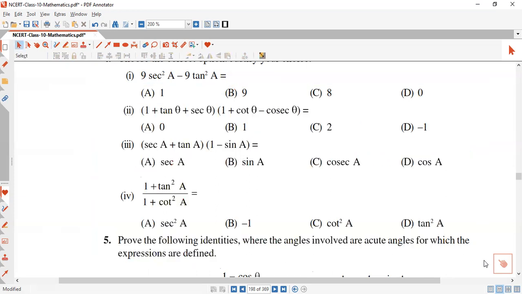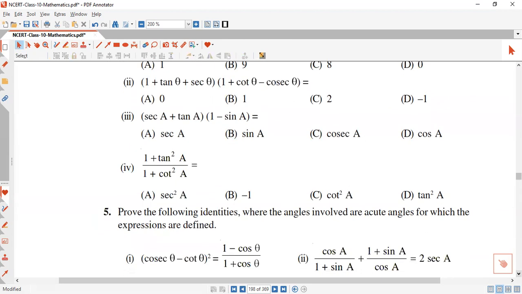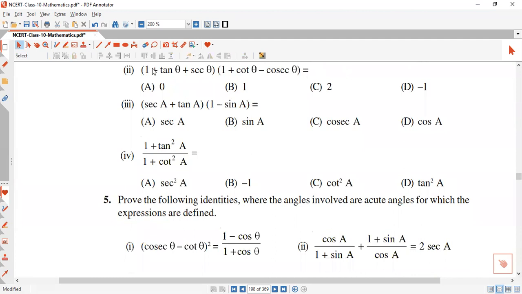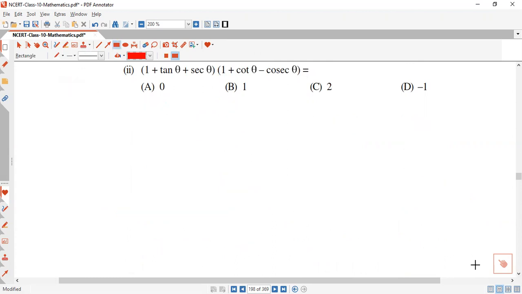Now see the second part: 1 plus tan theta plus sec theta, multiplied with 1 plus cot theta minus cosec theta. What value will come out?